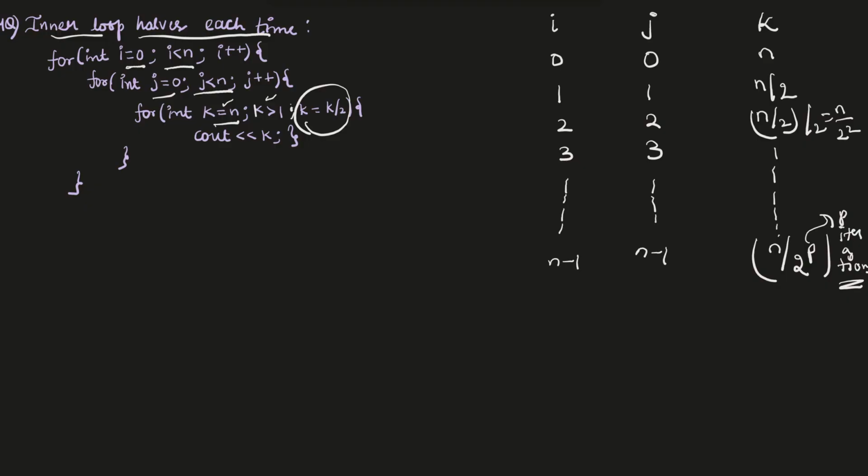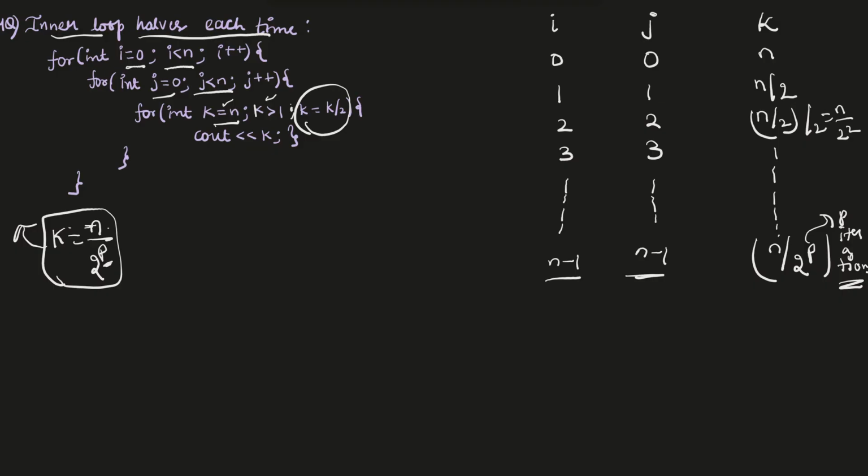So this would be the value of k now. For this value, we need to separately find the time complexity because it is some unknown power. We can't write it like that. So we need to find its time complexity separately and then multiply with these two things.